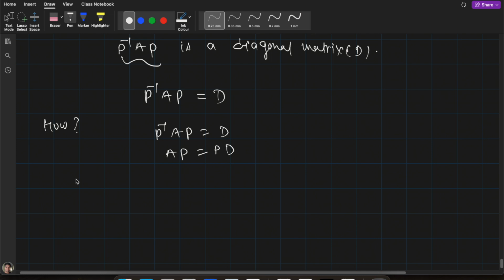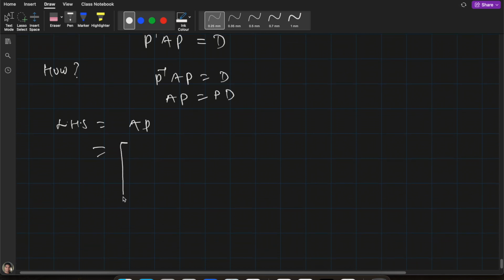No, sir. Okay. So from the LHS, what is AP? AP is nothing but the matrix multiplication of A and P. For an example, I will take a 3 by 3 matrix for simplification, for your understanding. Otherwise, you will not get it.